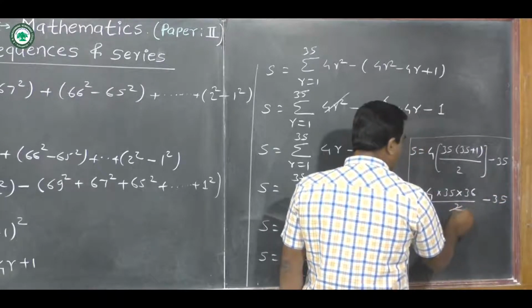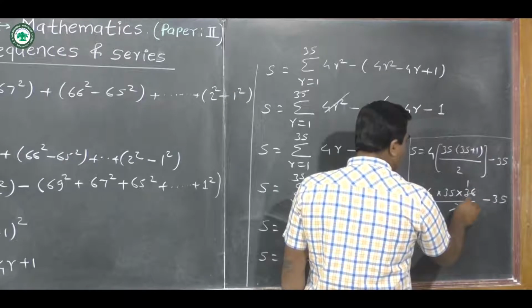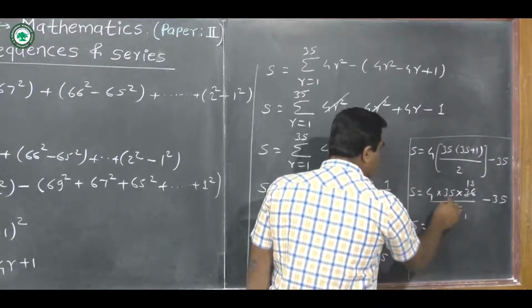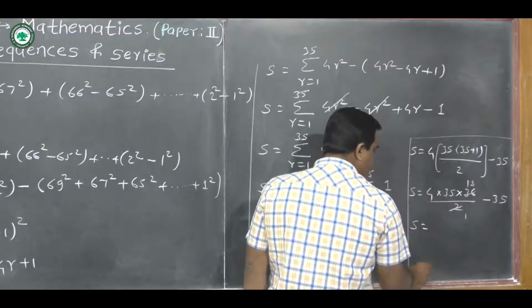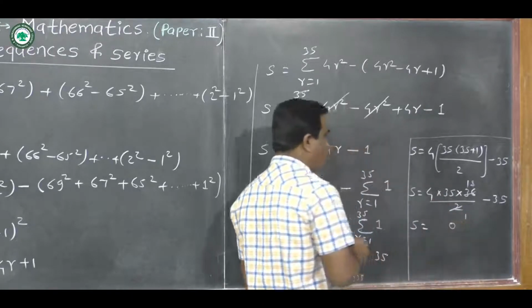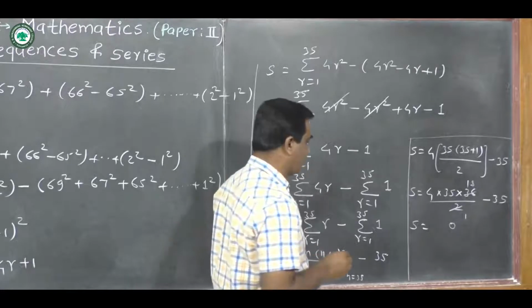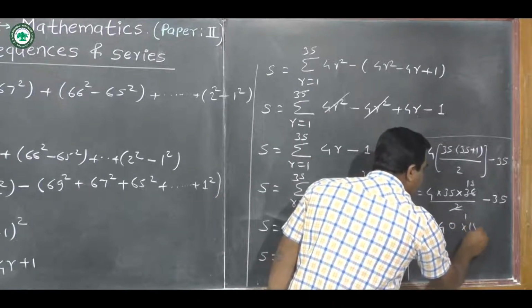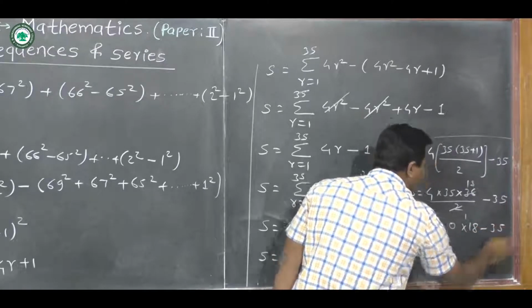Now here 2 ones are 2, 2 ones are 2, 2 8s are 16. That is, S is equal to, take product of these two, 4 5s are 20, carry on 2, 4 3s are 12, 12 into 2 140 into 18 minus 35.